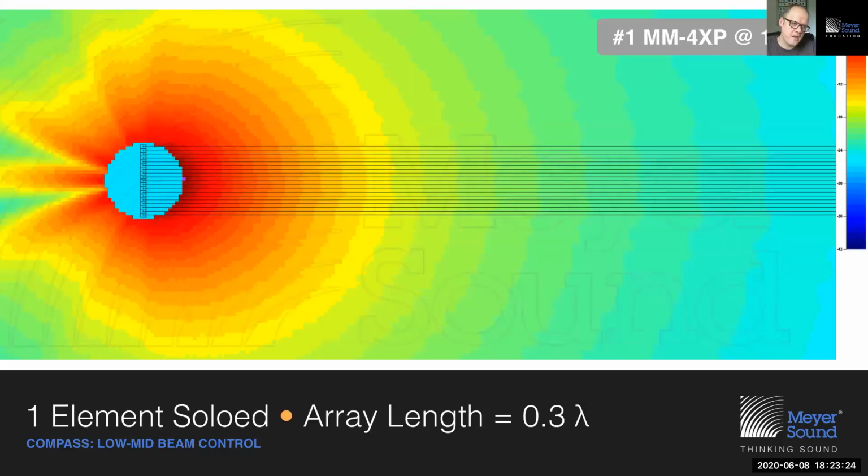Now notice that here you see a string of 19 MM4s, but we're not looking at a prediction of all 19 MM4s, because if you look at the text below, you see that only one element has been soloed out of these 19 element string.